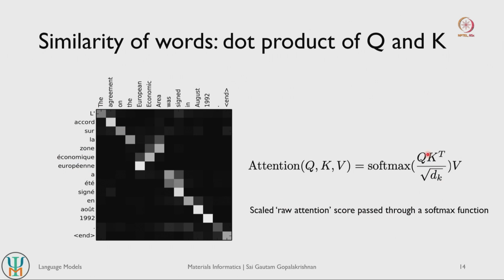This q times k is referred to as the raw attention score. It is scaled and passed through a softmax function so that its output is standardized, normalized, and then it is multiplied with the value matrix so that you get your final output.